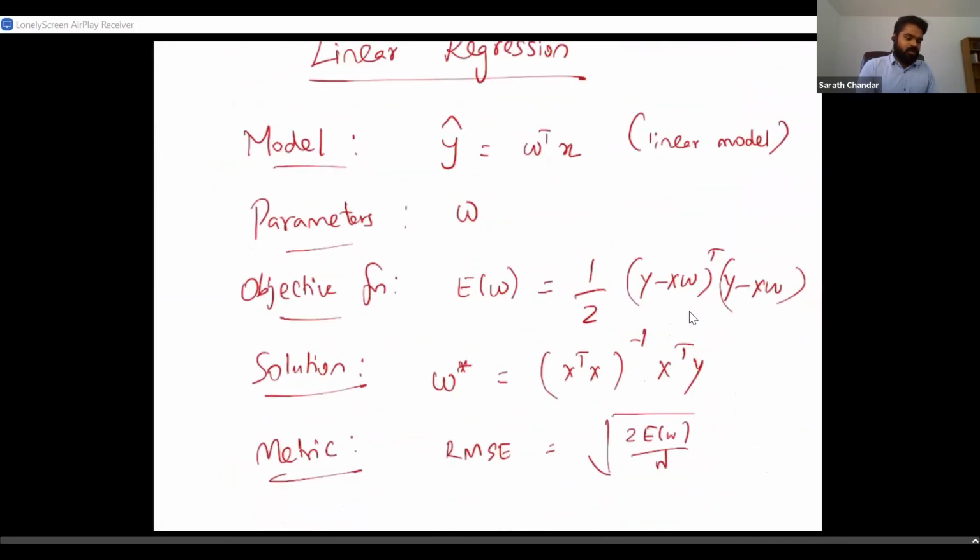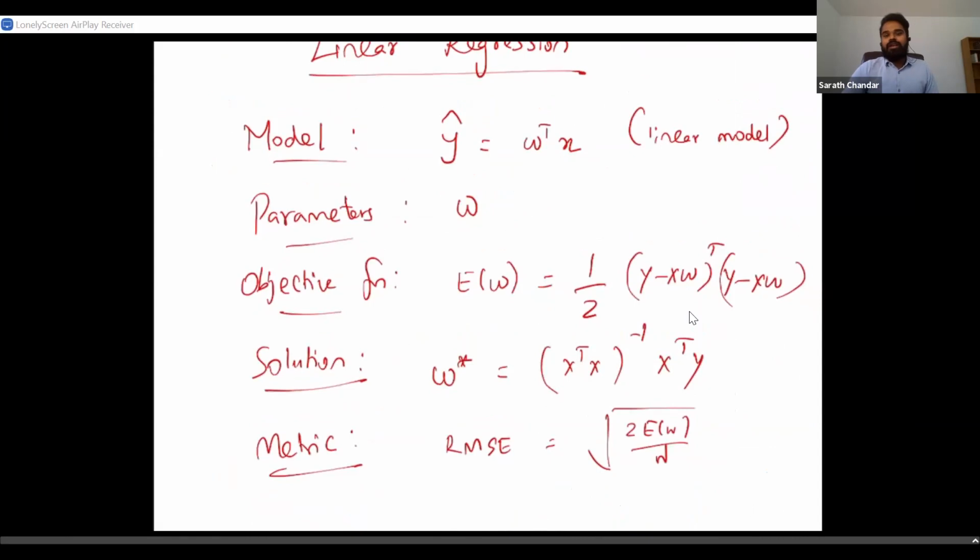So this was a summary. The model can be represented as W transpose X, where W is the parameter of the model, and the objective function was a least squares objective function. This is the matrix notation, but in simple terms, it's just y minus wx the whole square, right? We also derived the solution for this problem by differentiating this objective function and setting it to 0.